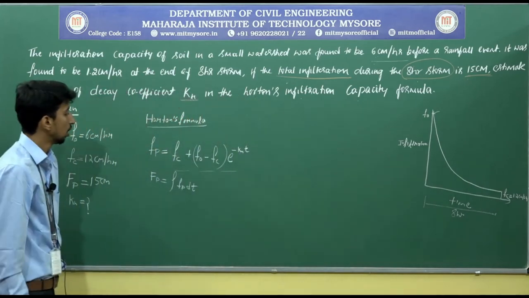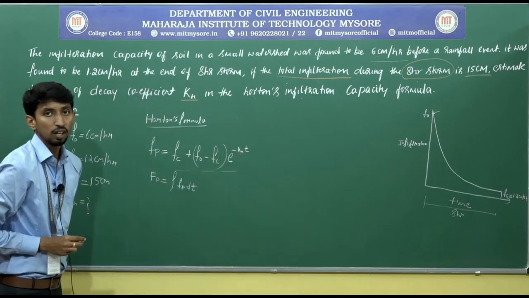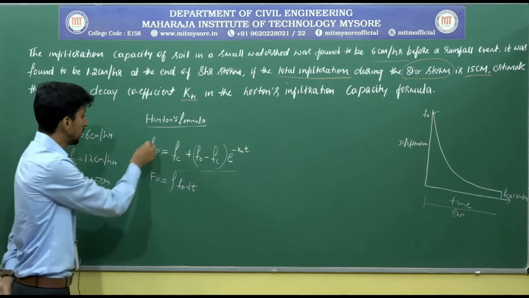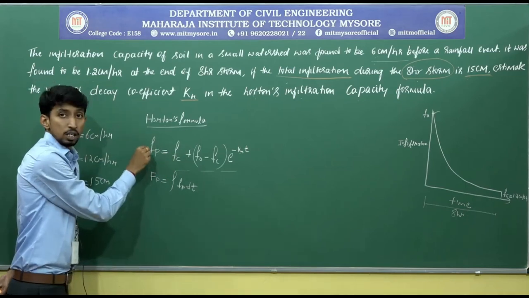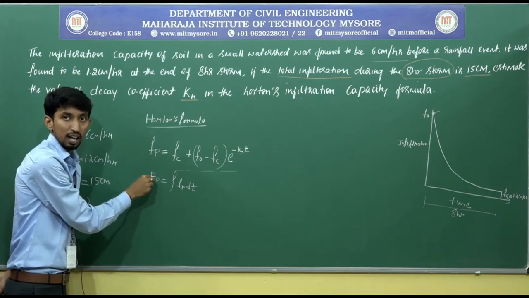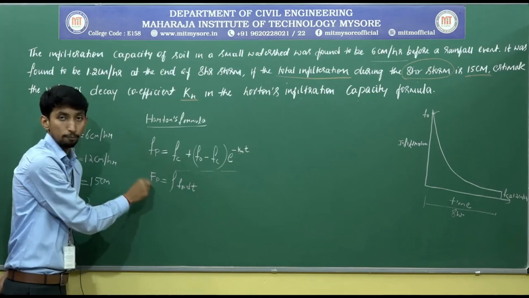Now we need to find the value of Kh. For that we need to integrate both sides. Integrating small fp with respect to time gives capital Fp, whose value we know.